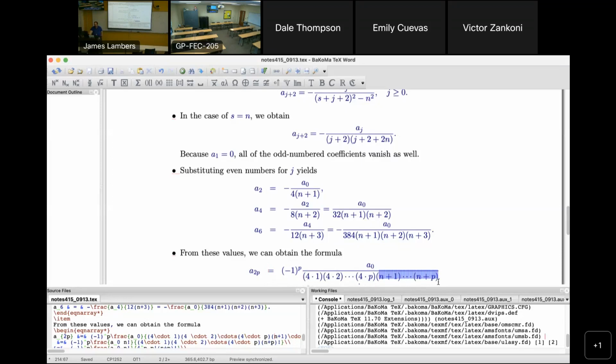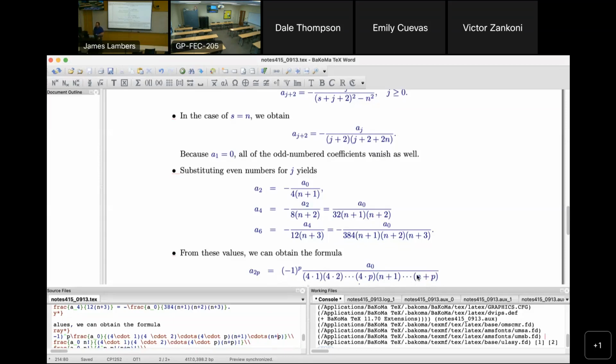Now here, we have consecutive numbers being multiplied, which suggests factorial of some kind. So it will be using factorial, but we have to account for the fact that the product starts at n plus 1. So what would that mean?